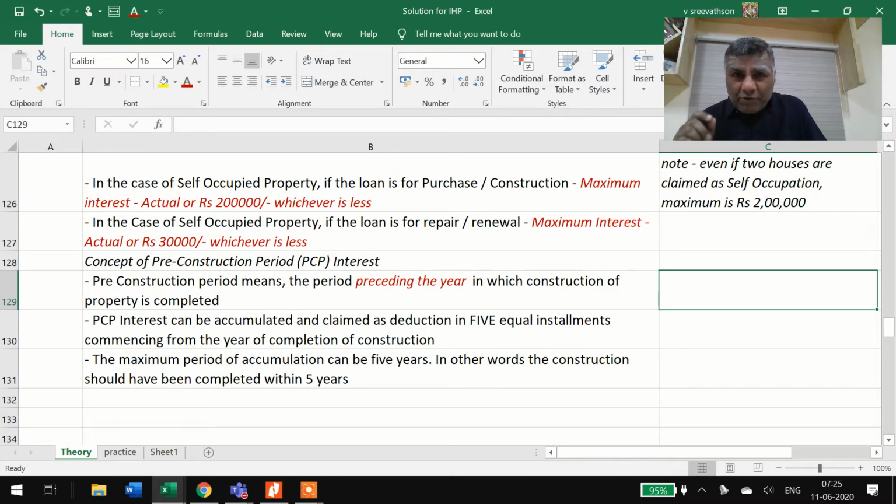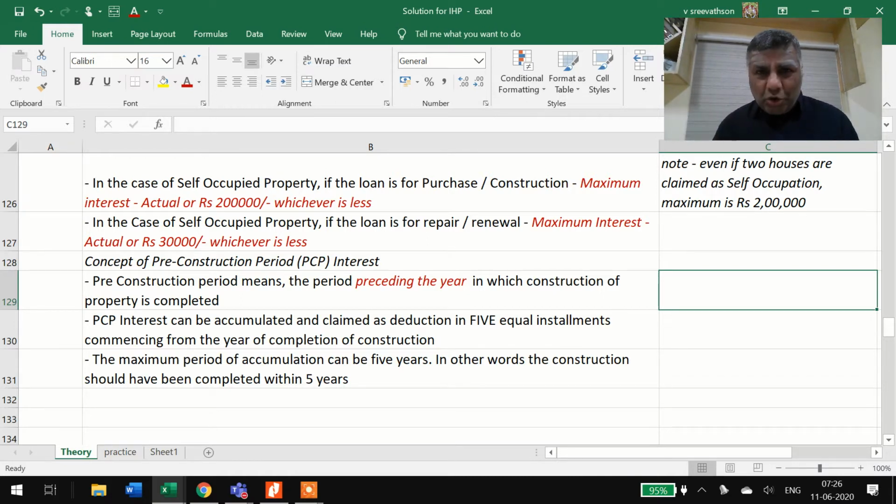But they have used the words preceding the year in which property is completed. What is the difference? The property construction is completed on 11/6/2020. This falls in the year 2021.